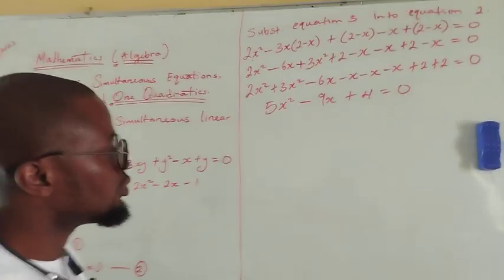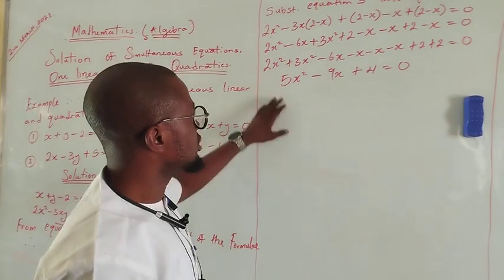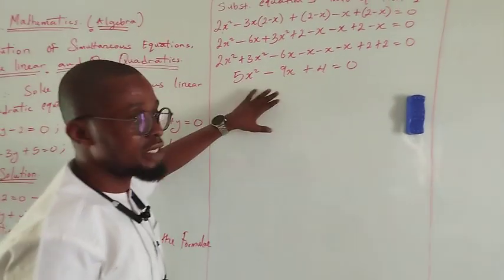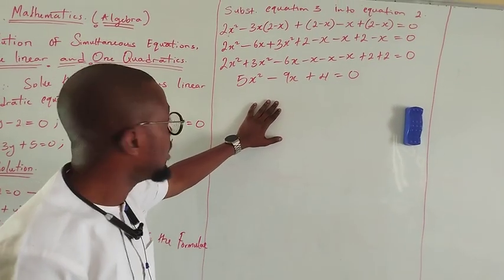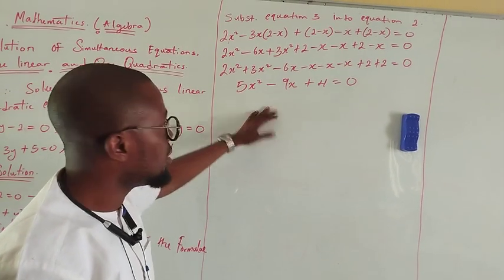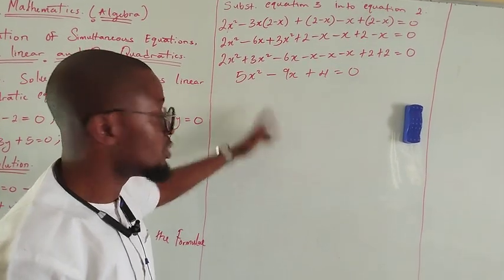So now we'll have a quadratic equation. For this quadratic equation, we can find out whether we can use the factorization method or the completing the square method, which we have done before.